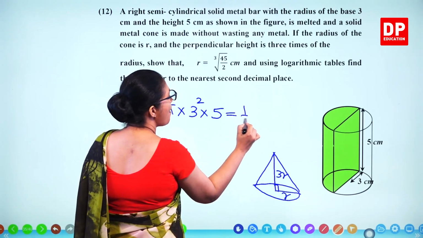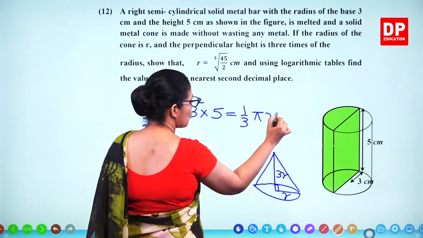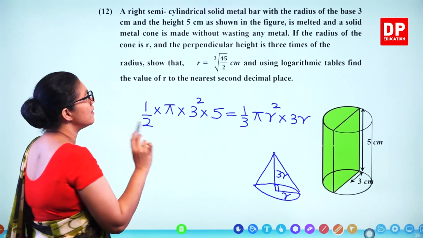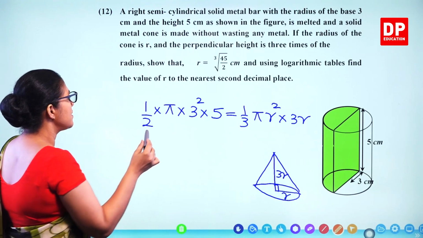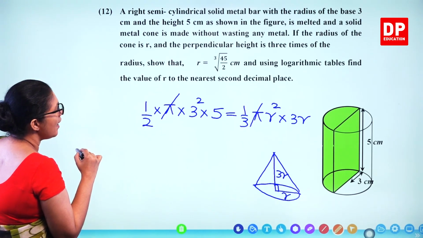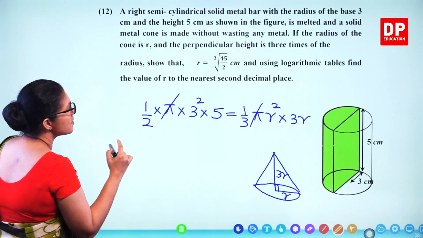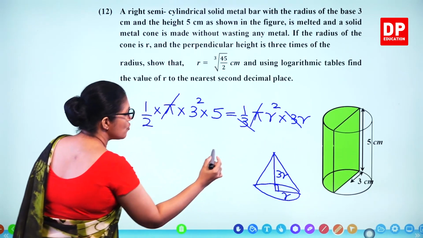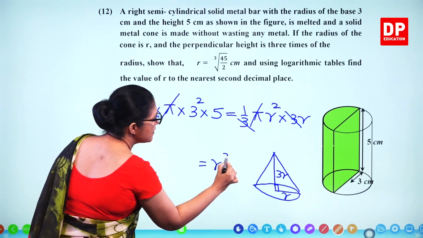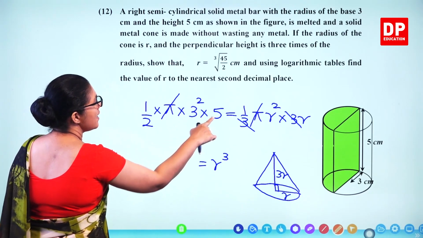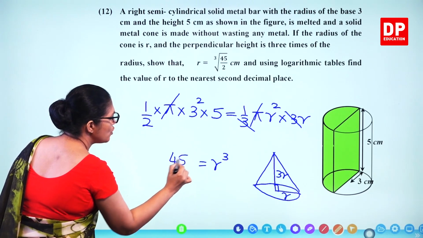So what's the volume of the cone? 1/3 pi r squared h. H is 3r. Then you can see pi gets cancelled out. And what's r cubed? Here 3 also gets cancelled out. So you get r cubed is equal to 3 squared is 9, 9 times 5, 45 over 2.